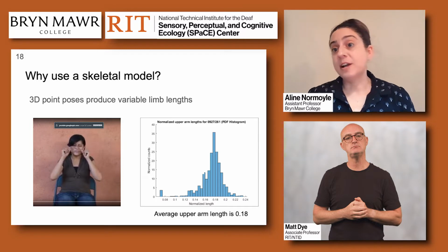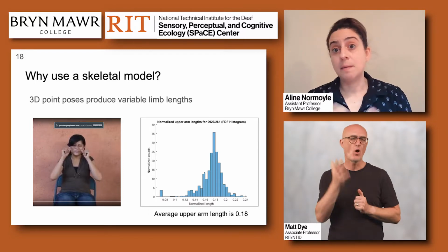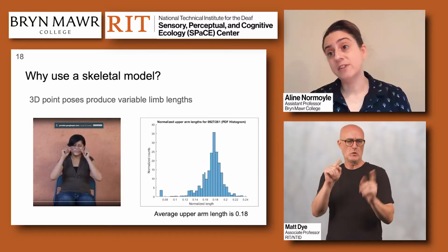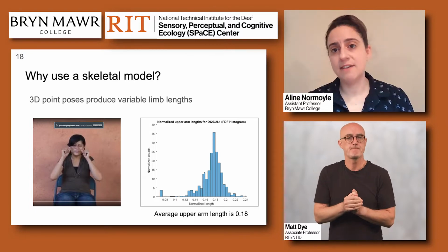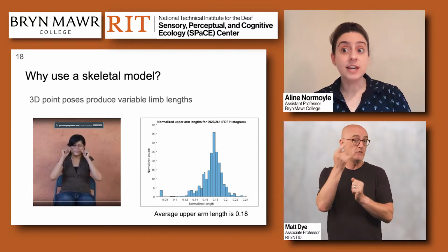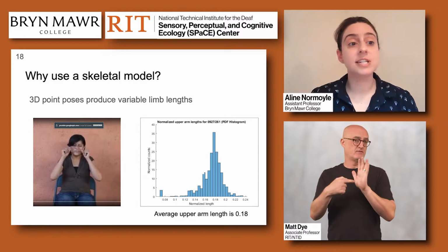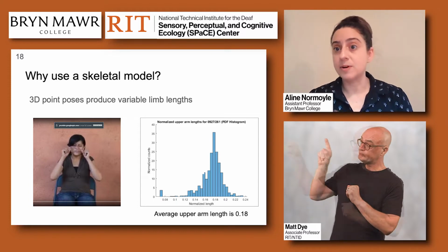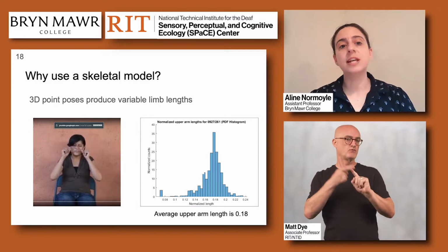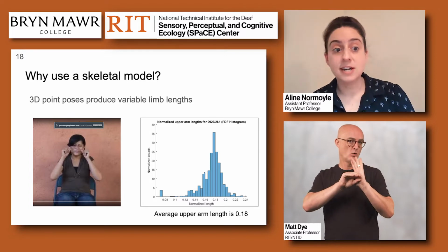So you might be wondering, why not analyze the 3D poses from the computer vision model directly? Well, it turns out that having a skeletal model confers several advantages. So the first is that the 3D poses that we get from our computer vision model result in limbs that are changing size.